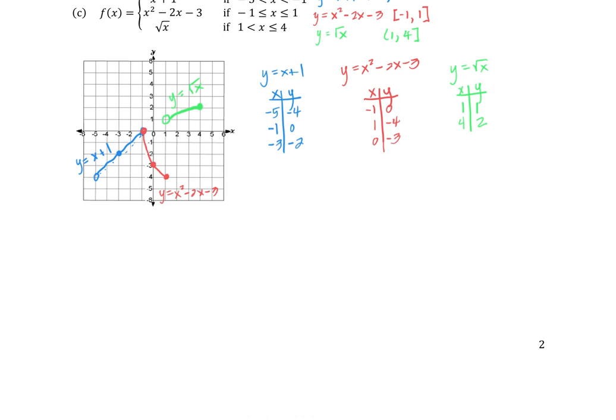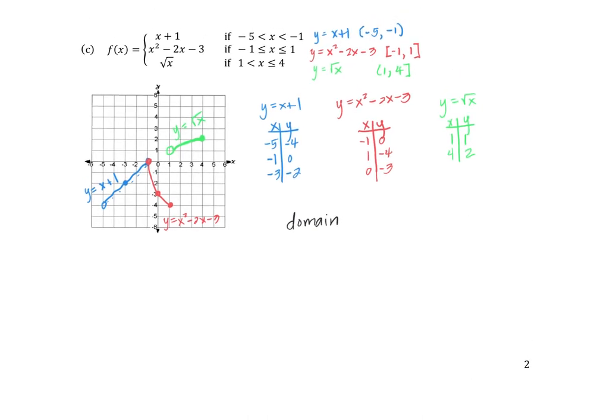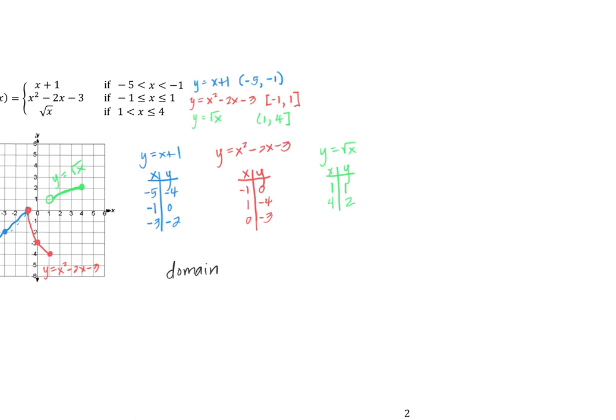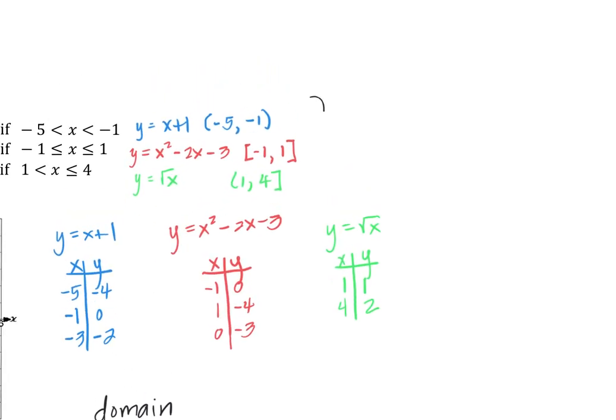Now, is this continuous on its domain? Well, what is the domain? In our prior examples, the domain just went from negative to positive infinity. But when we look back at our intervals, we're starting at negative 5, and it's a parenthesis. We're going through to negative 1. We don't include it because it's a parenthesis, but then on the second interval, we do include the negative 1, so that's included.